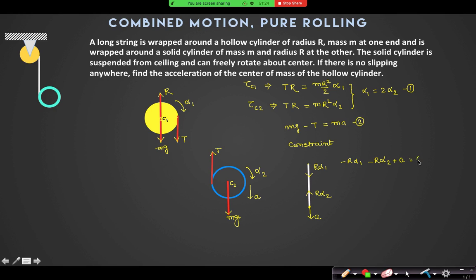So R alpha 1 plus R alpha 2 is equal to A. That is your fourth equation. Now can we solve it? Yes, sir. Now we have to just solve it and find A. Okay, sir. Try to solve it.